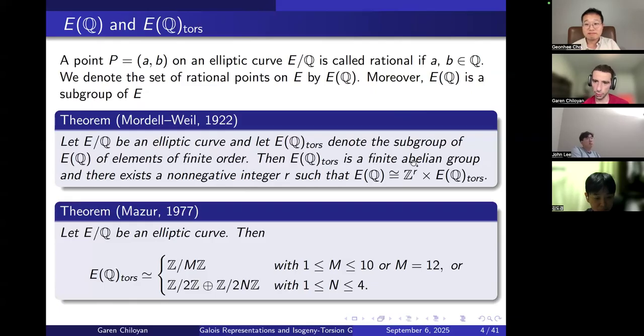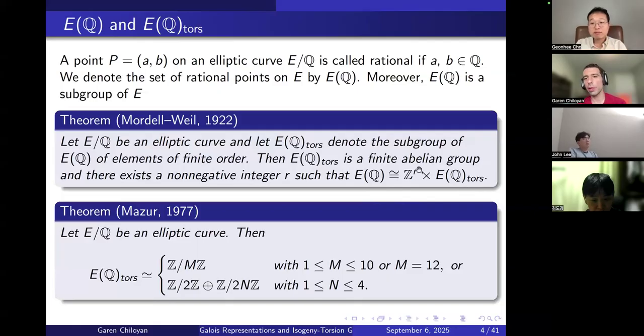Then this is a finite abelian group. The torsion subgroup of an elliptic curve is a finite abelian group, and there's a non-negative integer r where you have this isomorphism: the Mordell-Weil group is isomorphic to some number of copies of Z, the integers, times the torsion subgroup of E.